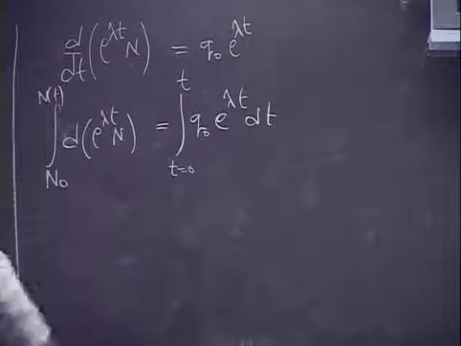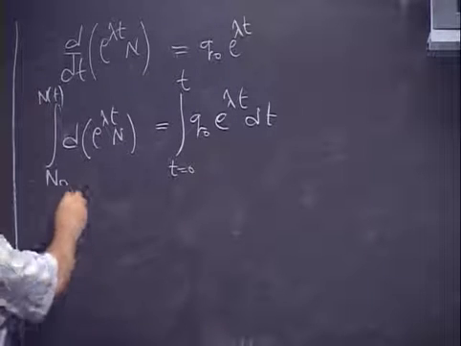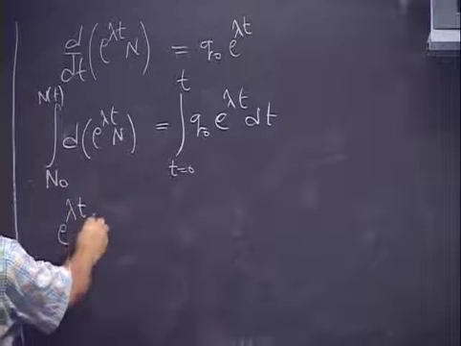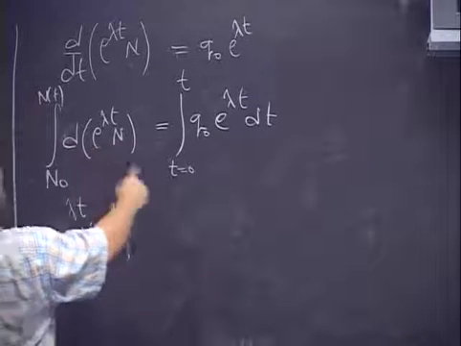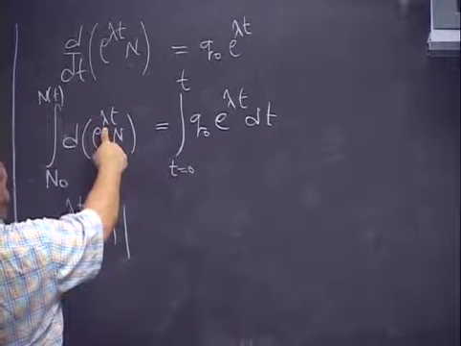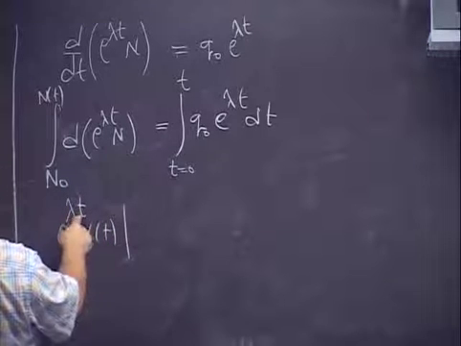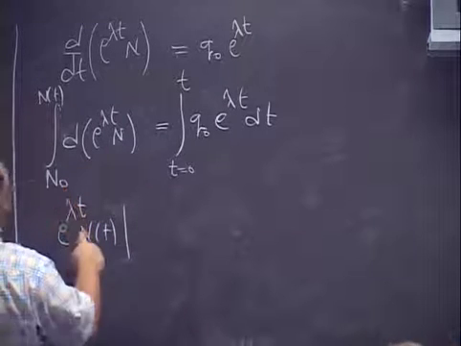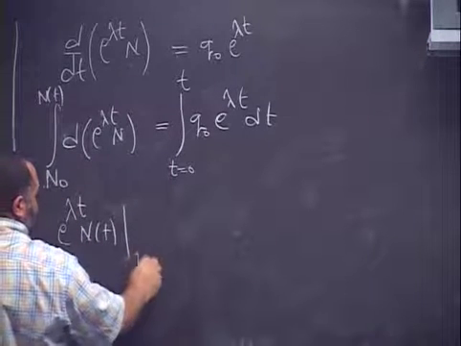So what's the differentiation of this? This will give you e to the power of lambda t multiplied by N of t. Yes? So at time t equal to 0, this will be e to the power of 0, which is 1, and N of t is N naught, so N naught.